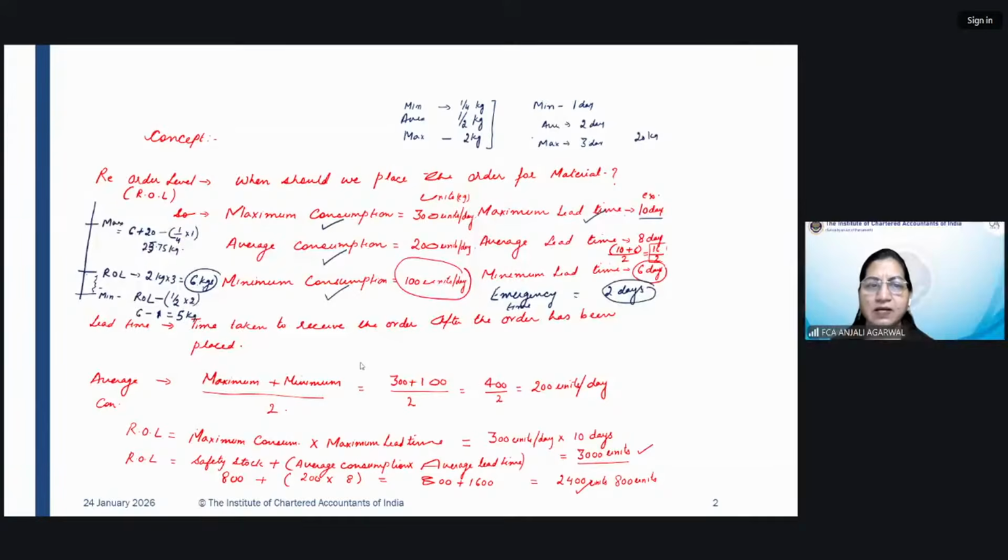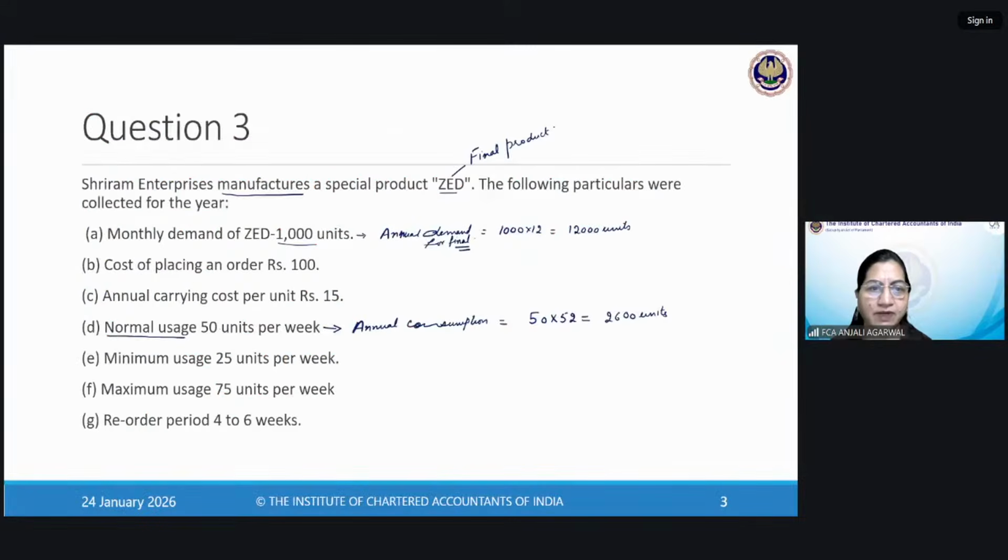So this will be decided by everyone who's working in the factory or the manufacturing company. Each might have its own individual figures. So that on the basis of that, they decide when is it that we should place an order and how many units should we place an order for. So what is our minimum level, maximum level, and average level?